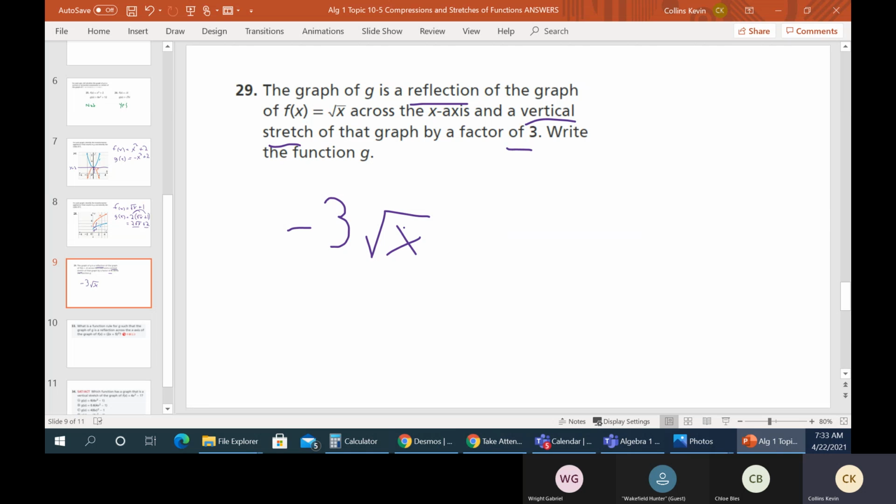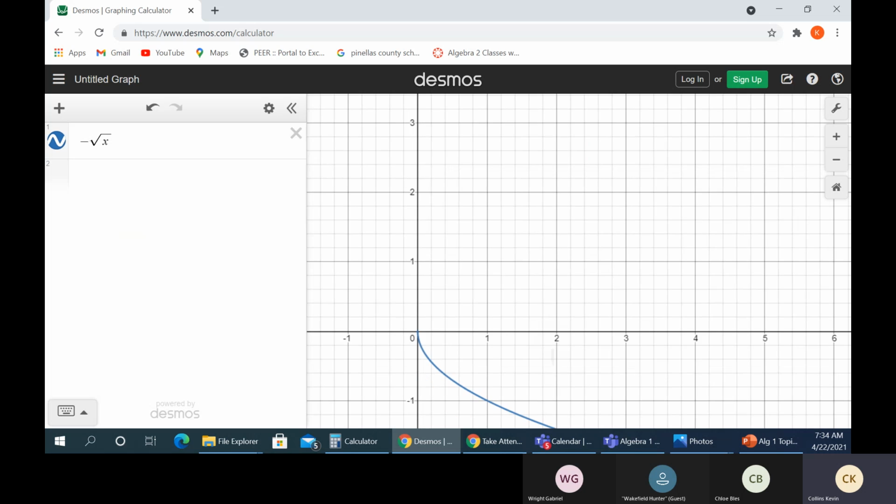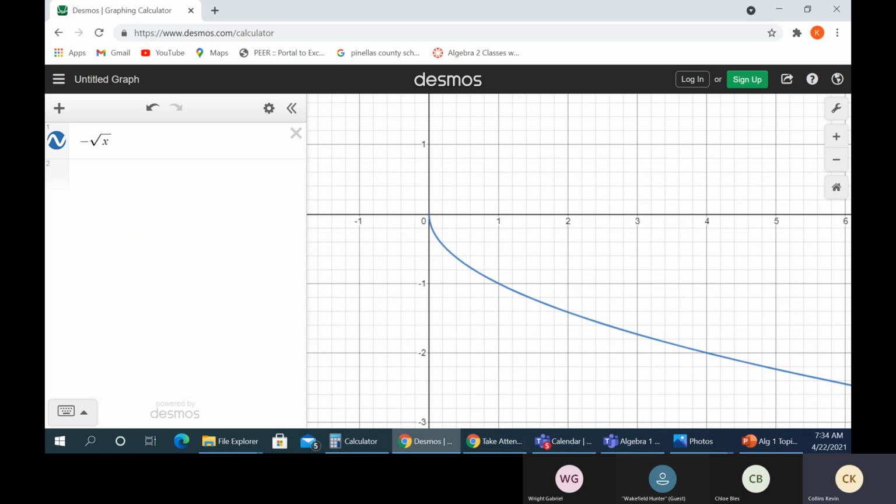So this is your new function here, g of x, which equals minus 3 times the square root of x. And again, if we go to Desmos here, we'll get rid of the plus. We'll do a negative for the reflection, so it reflected us down. See how it flipped over?